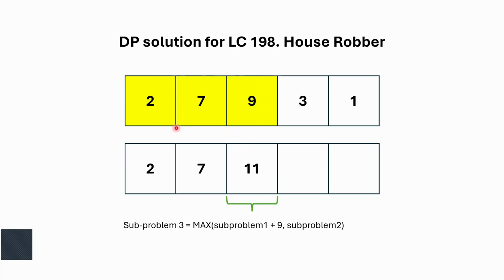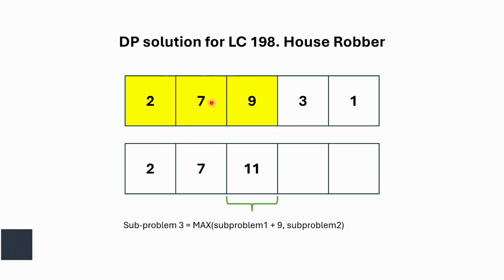So which choice should we make? Should we rob this house and then rob everything up to the first house, skipping the second house because it's adjacent, or should we skip this house and rob the maximum amount of money we can up to the second house?